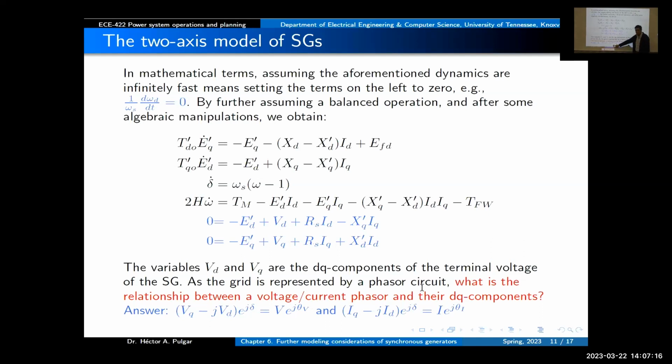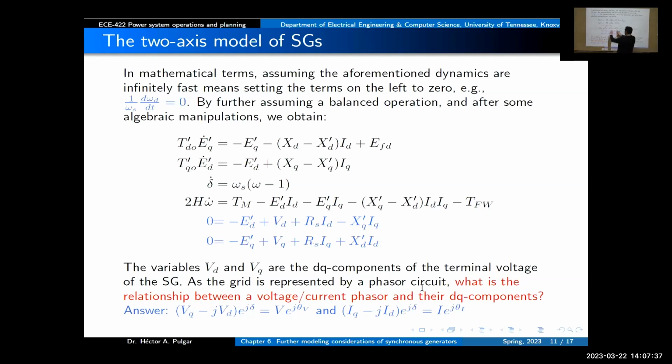By doing this. We will take vd minus j vq, all of these multiplied by the exponential of j delta. And when you do that, in that form it is exactly equal to the phasor at the terminal of the machine with a proper magnitude and an angle. Okay? So that's the connection.